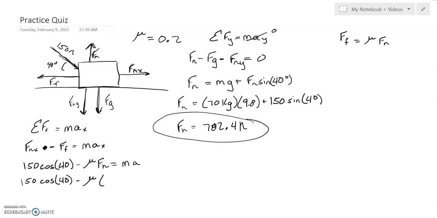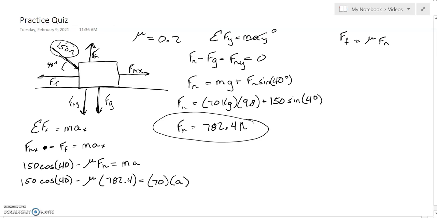The contact between the ground and the box is causing friction. So that's why we're using this normal force and not the other normal force. Equals our mass of 70 kilograms times our acceleration.